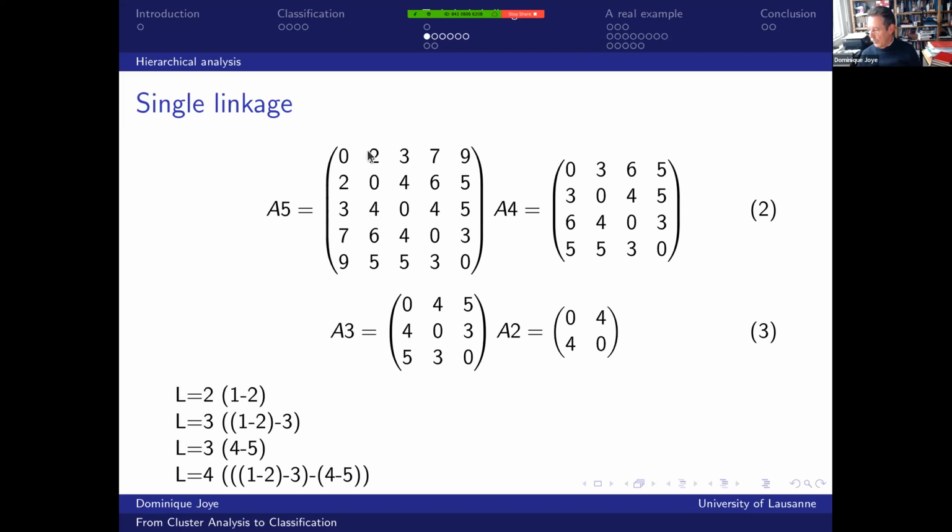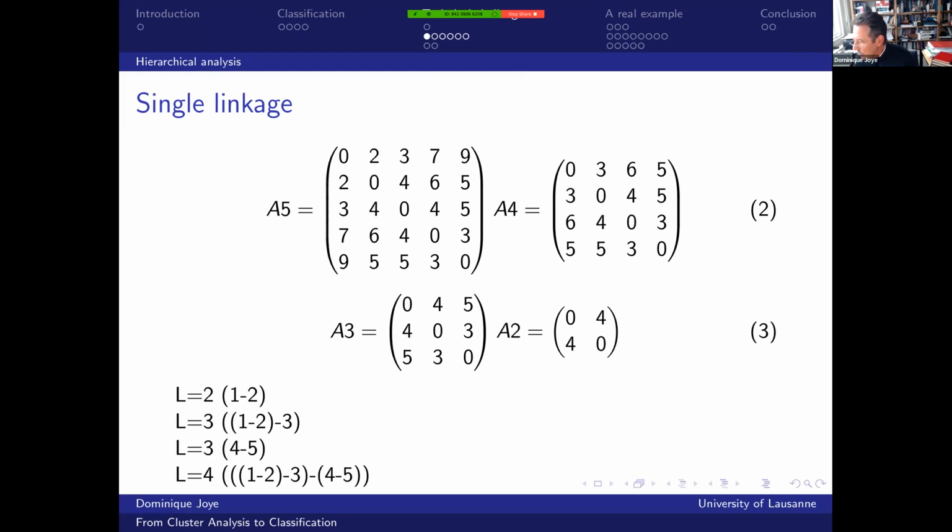But now I have to compute a new distance between this new object 1, 2 and the other ones. So that's where it's beginning to be a little bit complicated, because you have different ideas to compute the distance between these 2 objects and the others. One technique, which is called single linkage, which is the one here, say, oh, we will take the minimum distance between my 2 objects and the others.